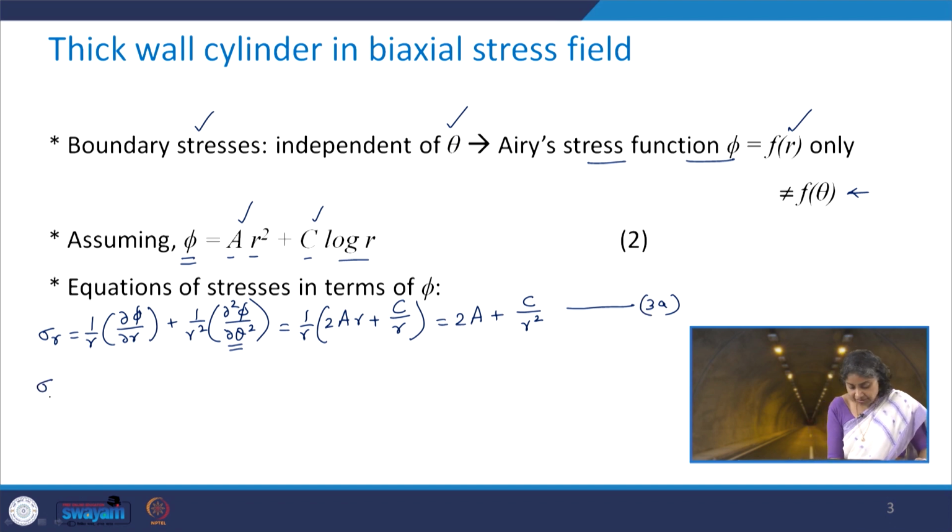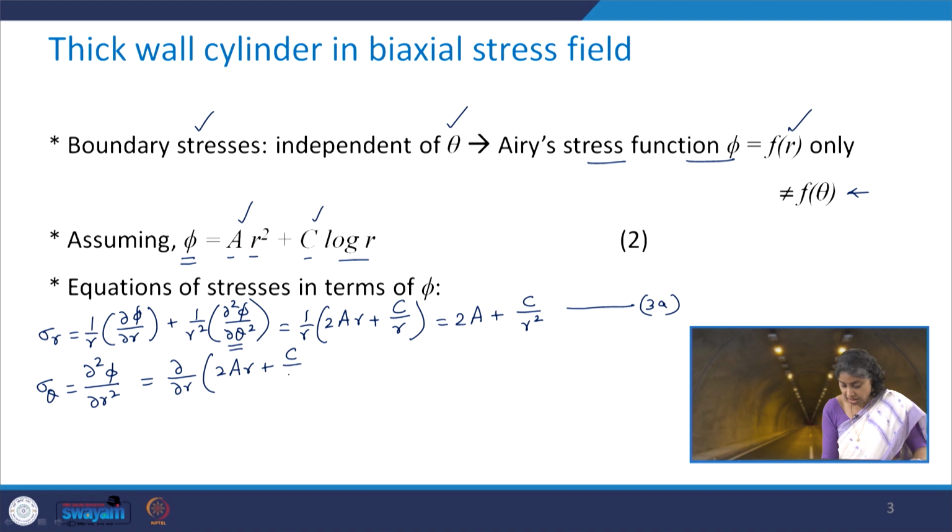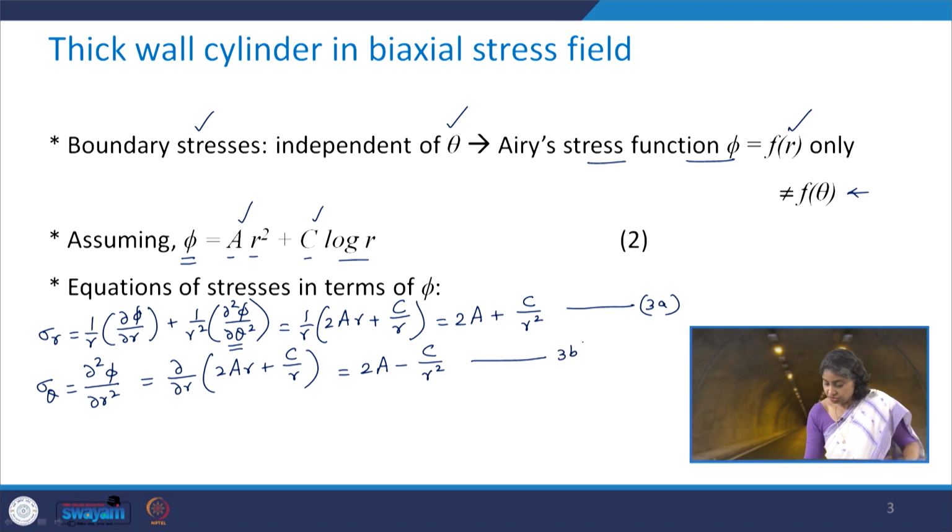Then we have sigma theta, that is equal to del 2 phi del r2, or we can write it as del del r of 2ar plus c upon r, and this will become 2a minus c upon r square. This is equation 3b.